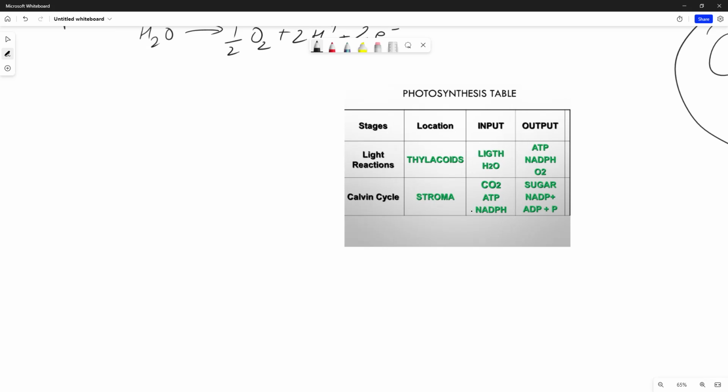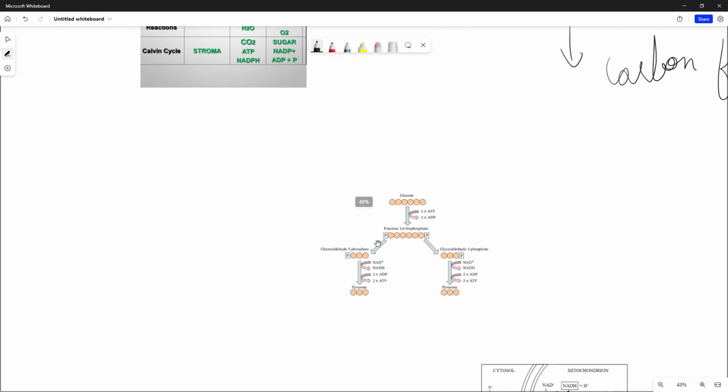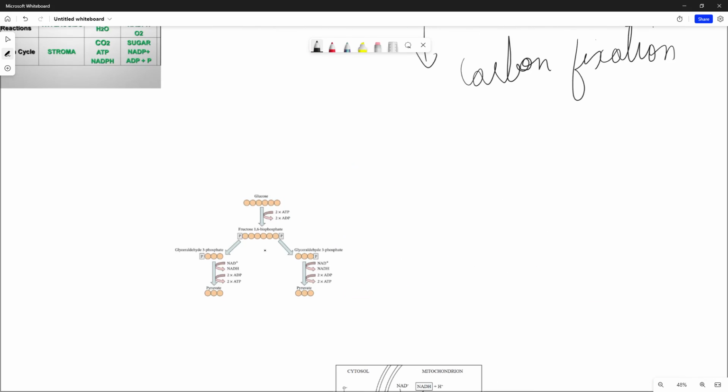Moving on to respiration, we now have cellular respiration. And as you may or may not know, you should know because exams are approaching, that respiration is of two types: anaerobic and aerobic. Sorry for my writing, I'm forgetting how to write.